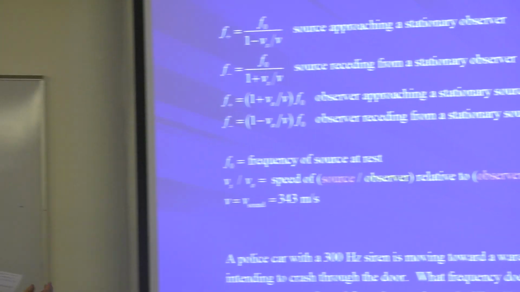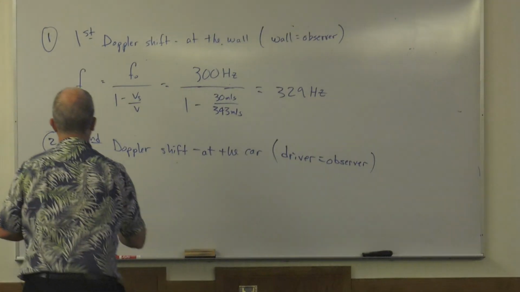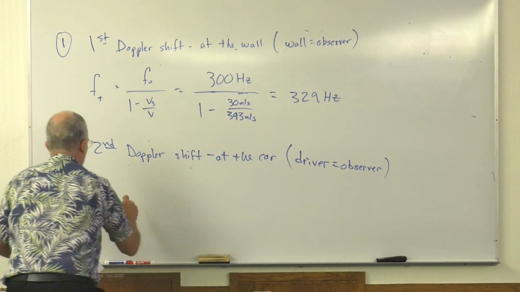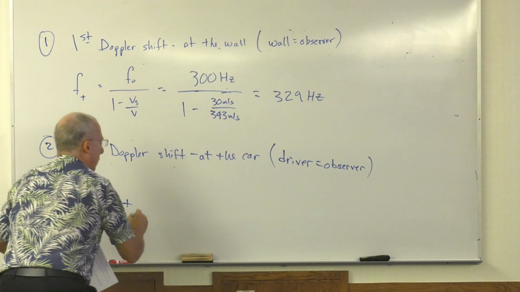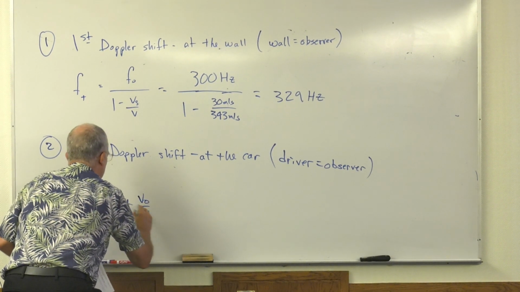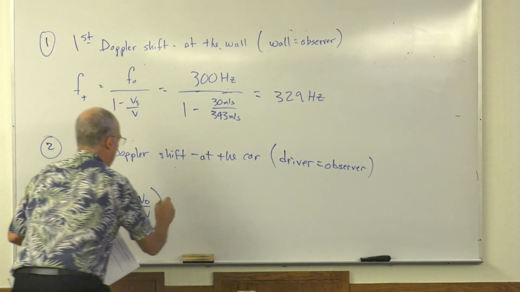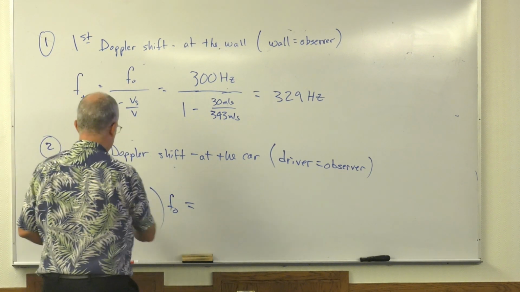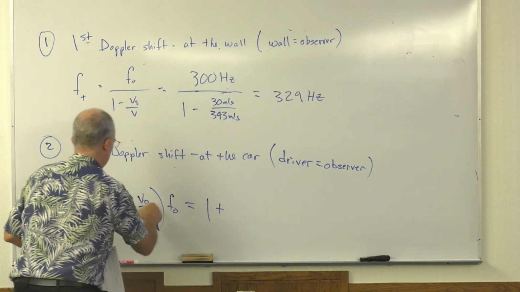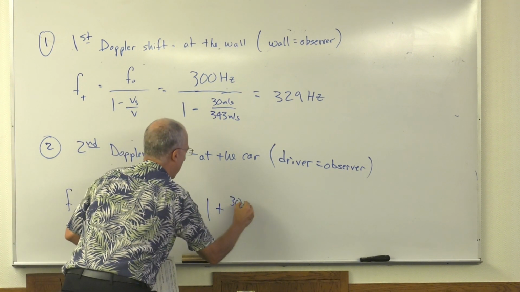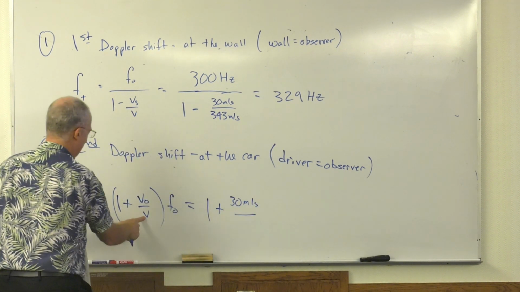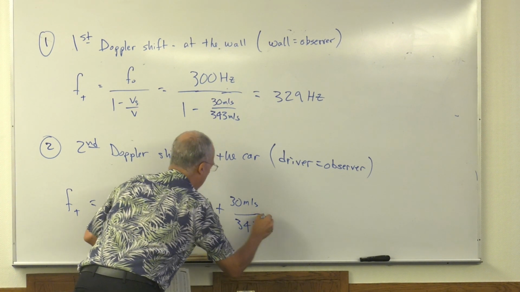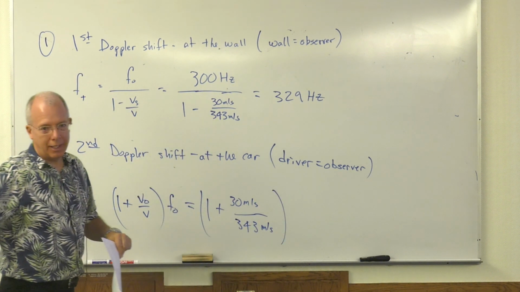So again, it's going to increase, f+. So we have f+ equals (1 plus V0 over V) times f0. Okay, so again, 1 plus 30 meters per second over the speed of sound, 343 meters per second. Here's the thing you're going to have to be careful of.